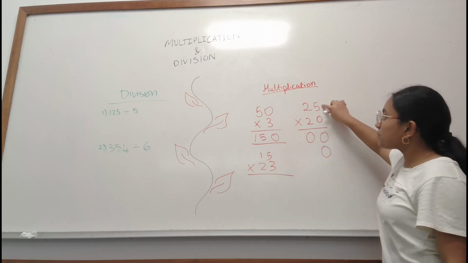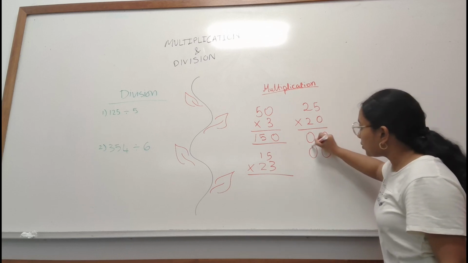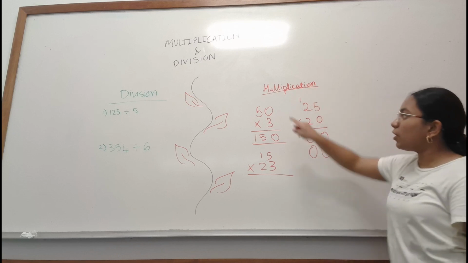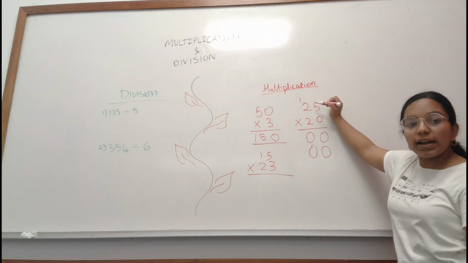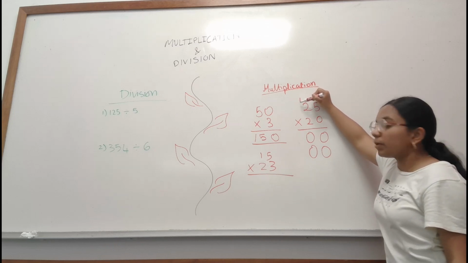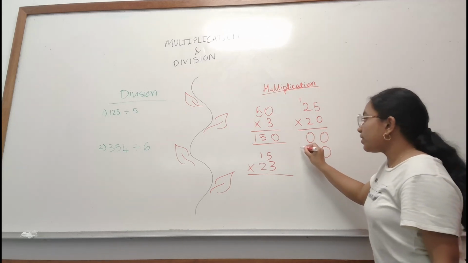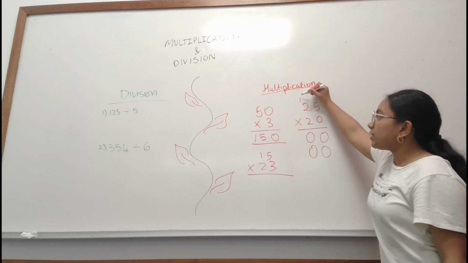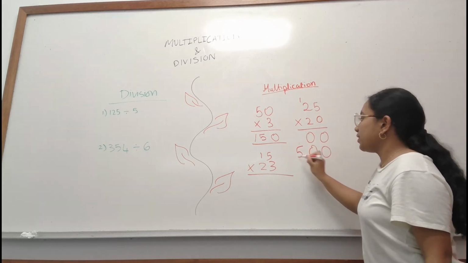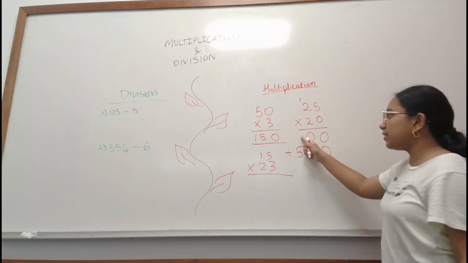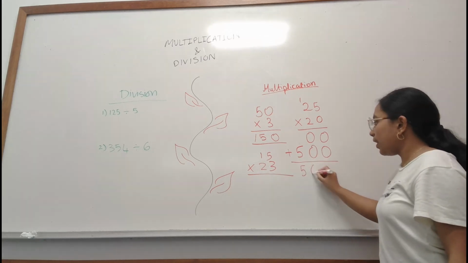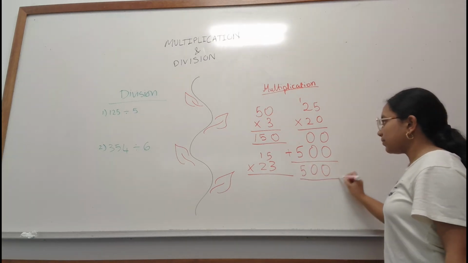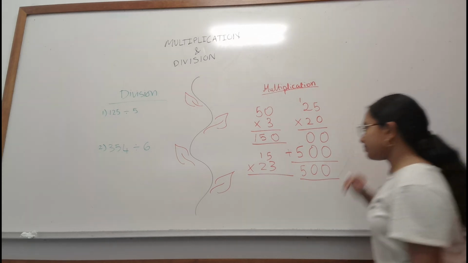Then you have 2 times 5, which is 10. So you're going to put a 0 and then 1 on the top of the other two. And then 2 times 2 is 4, and don't forget the 1 from before. So it's going to be 4 plus 1, which is a 5. And then we add this and this. So it's just going to be 500. That's the answer for this.